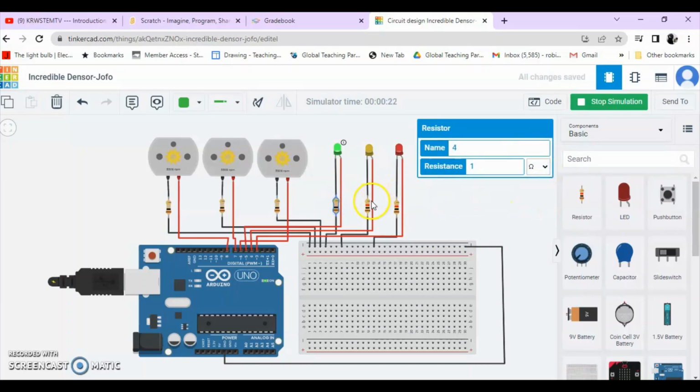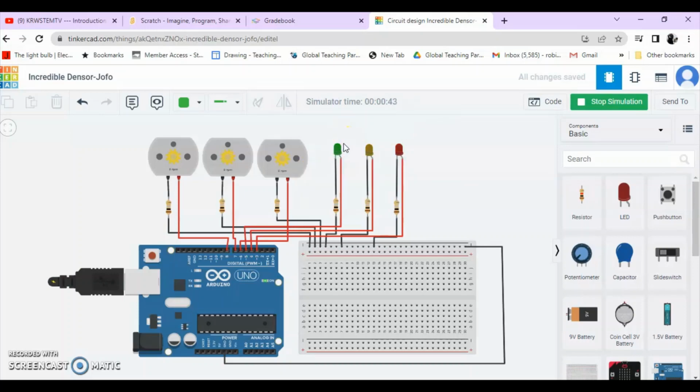And I'm going to vary. Alright, there you can see one of my LEDs is gone, because too much current is flowing. The LEDs get very bright. The maximum current that should flow is 20 milliamps, and what they're saying here is that more than 20 milliamps is flowing.